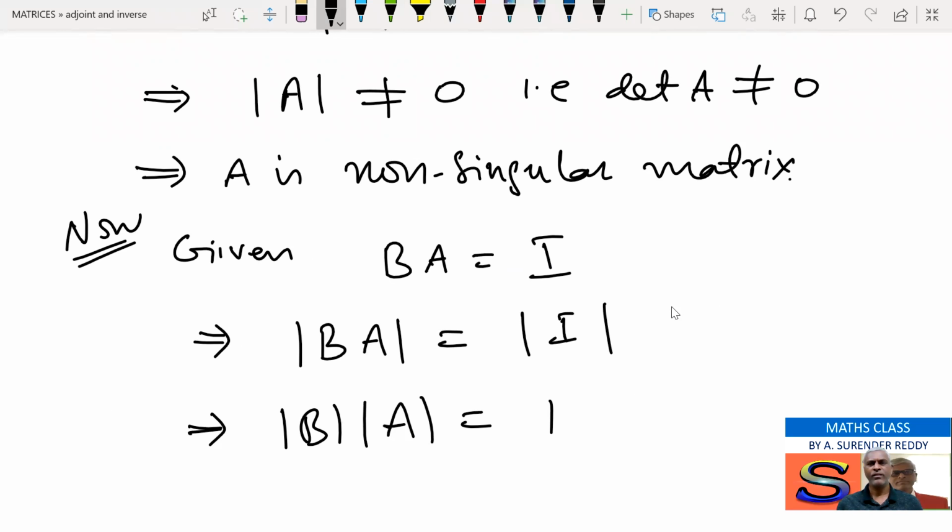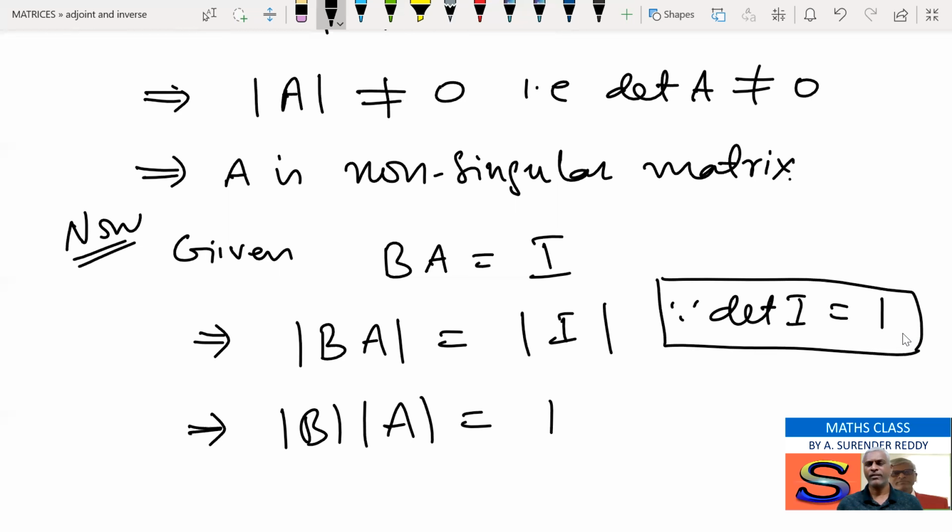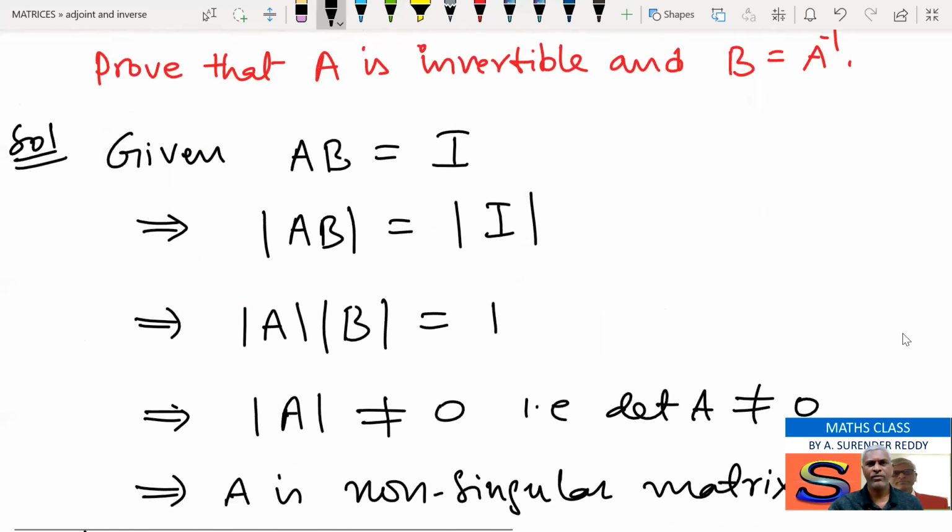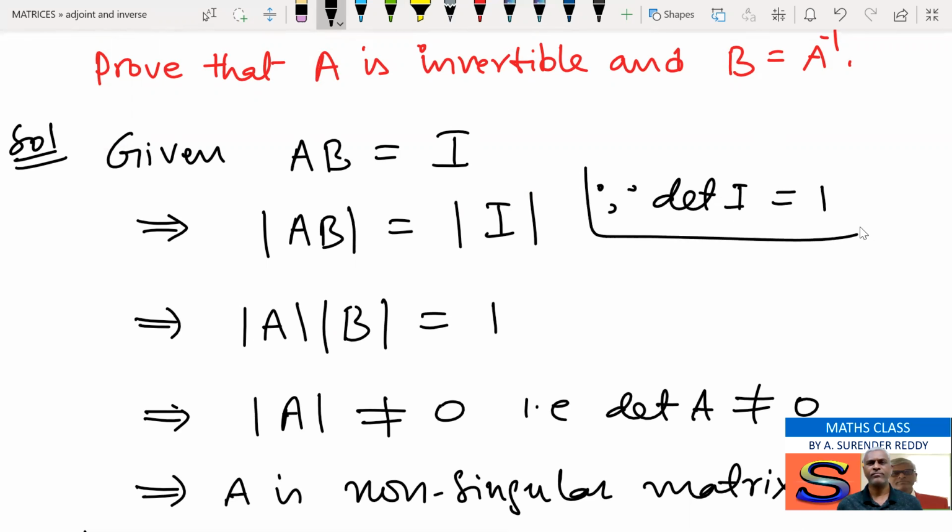You can remember the determinant of any unit matrix is 1.